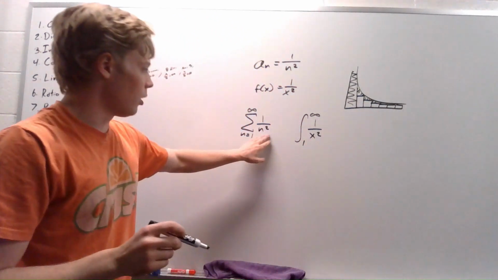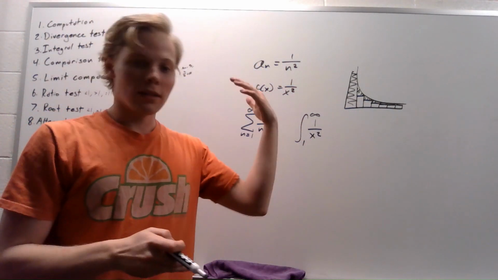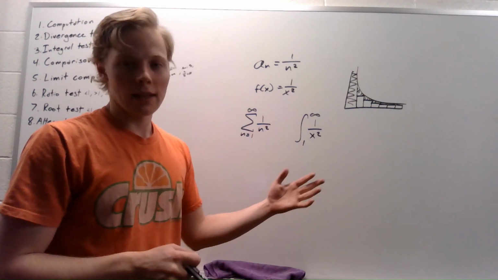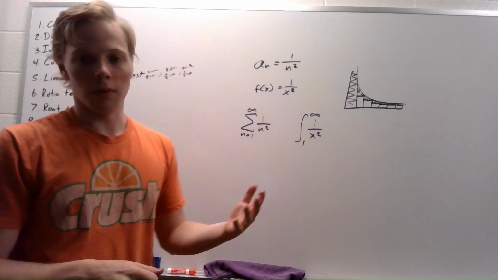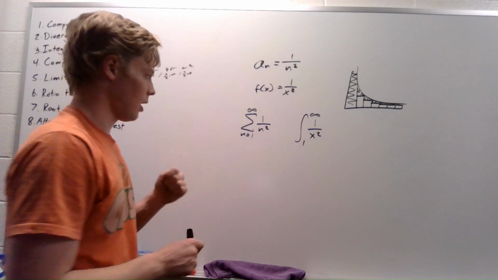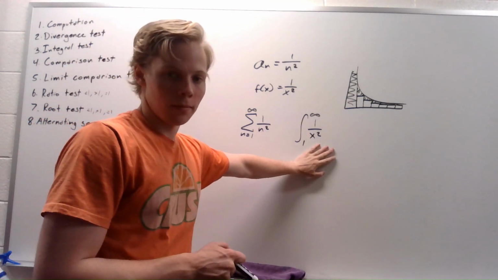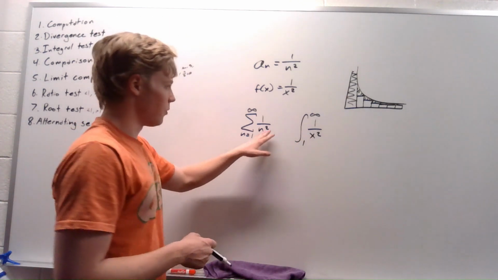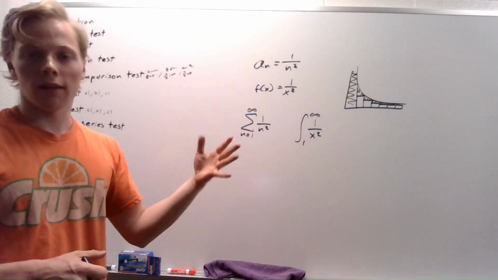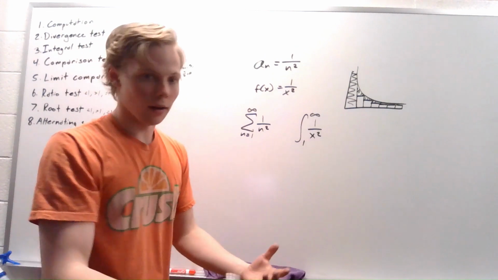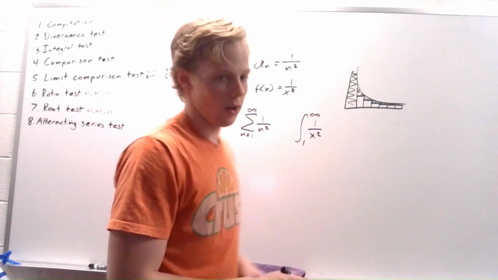And so 1 over n squared is always smaller than 1 over x squared, except where they're equal to each other, which is only at whole numbers. And so if we know that the integral of 1 over x squared converges, then we know that the sum of 1 over n squared also has to converge, and it has to be smaller, because you're always missing this area.